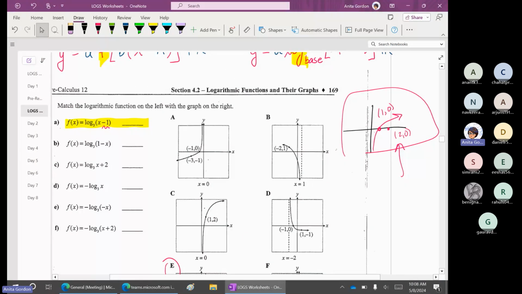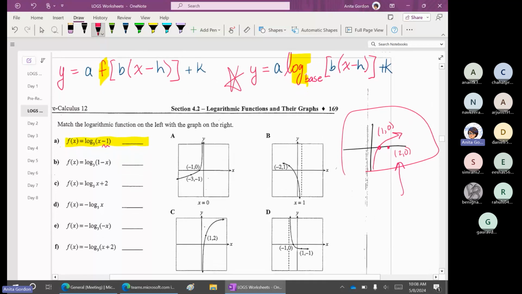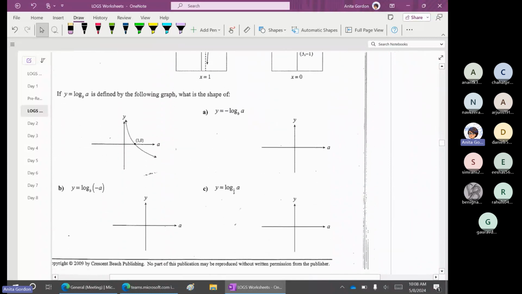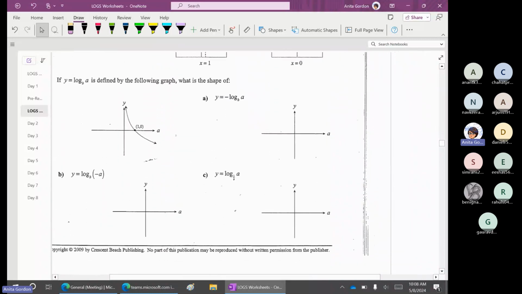So just follow the key point, follow the intersection, and follow the rules of transformations that we have learned this entire course, okay? This is what it will look like specifically for the logs, and just follow the patterns. At the bottom, it'll ask you to sketch something based on an original graph. So it'll give you the graph of log base b of x. What happens if you put a negative on the outside? That's a vertical reflection, right?